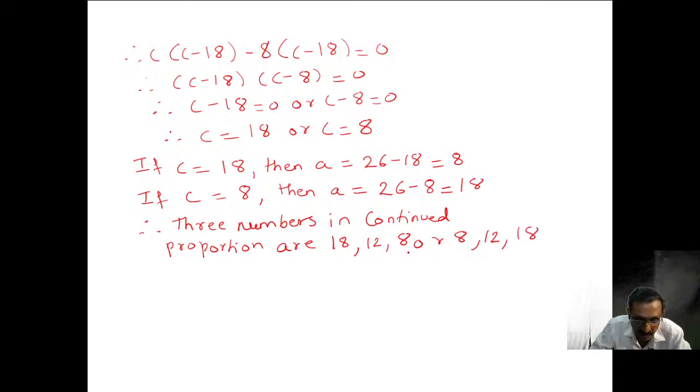We have 18, 12, 8, or 8, 12, 18. So these are the numbers which we have. So I hope these sums you might have understood very clearly.